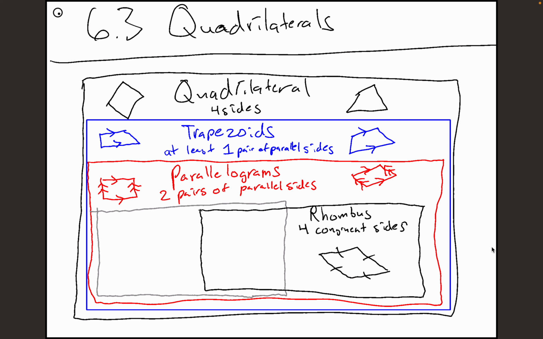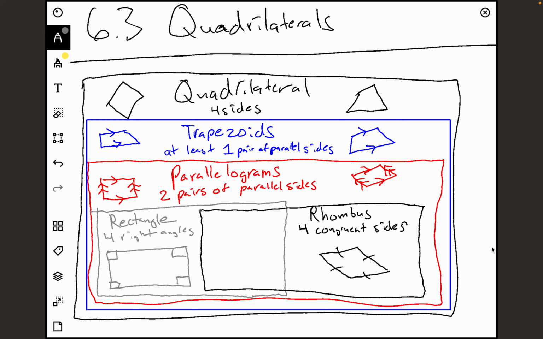In the gray, I'm going to talk about rectangle. When we talk about a rectangle, all right, it has four right angles. There's more that describes a rectangle, but that's the thing that we need to focus on. And rhombuses and parallelograms and trapezoids and quadrilaterals.